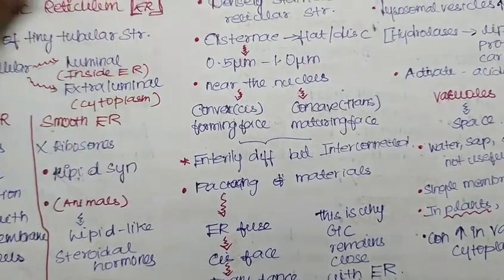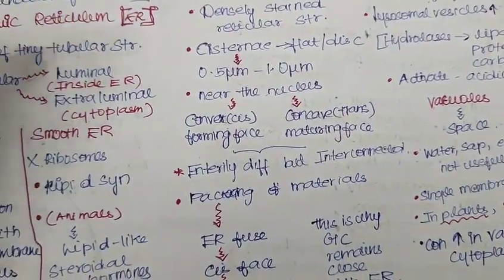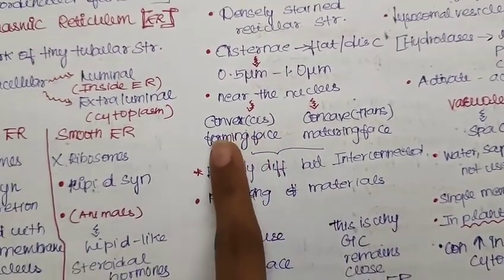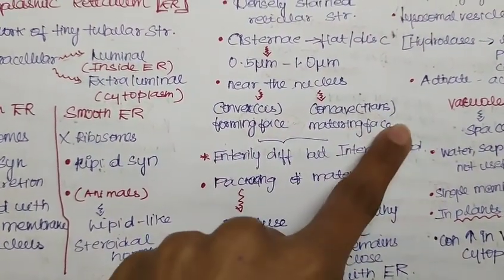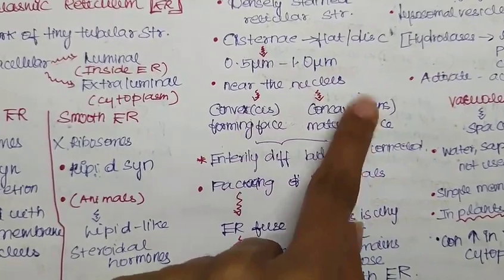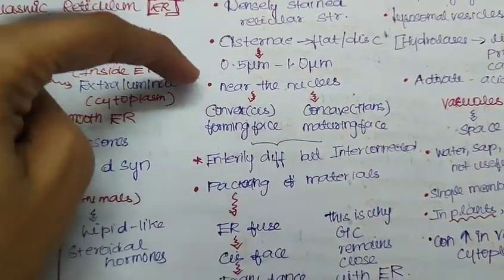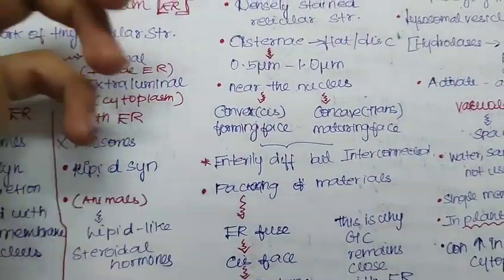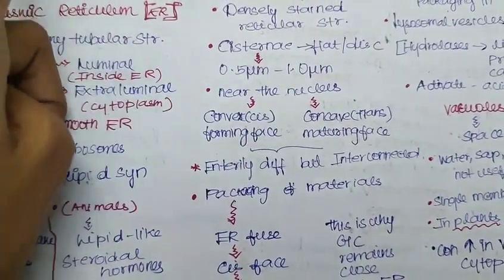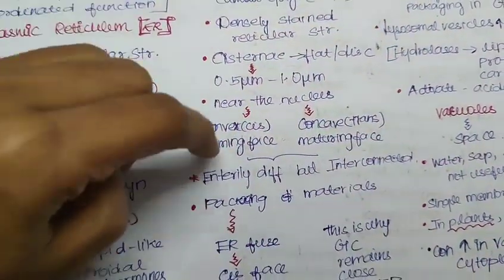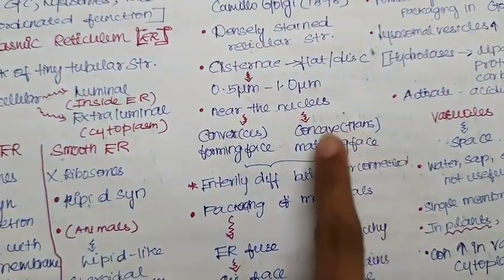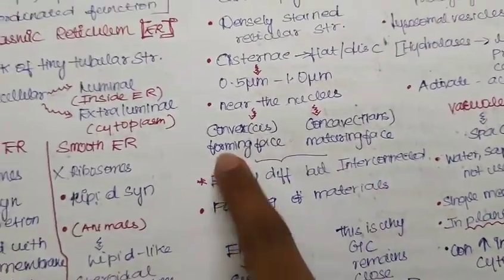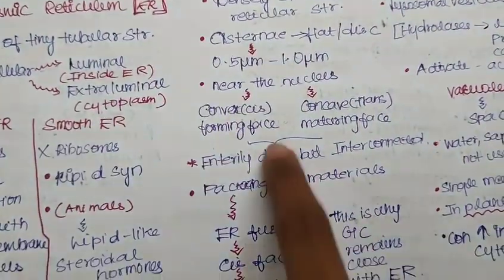These are arranged especially near the nucleus with a convex or cis face, and a concave or trans face. It has 2 faces, and near the nucleus it may be attached with either the convex cis face or the concave trans face. The convex is the forming face and the concave is the maturing face. These are entirely different but they are interconnected.